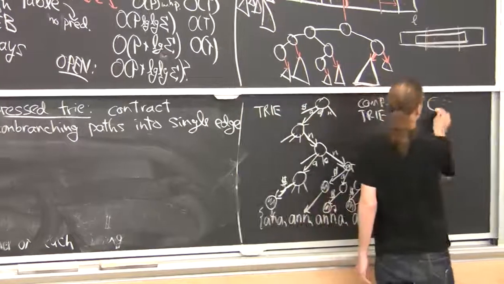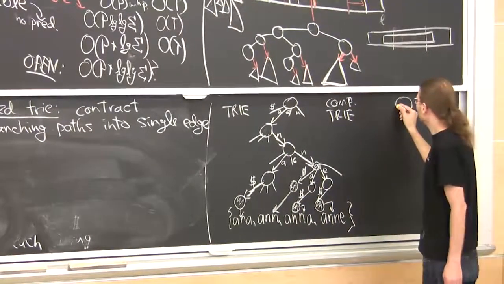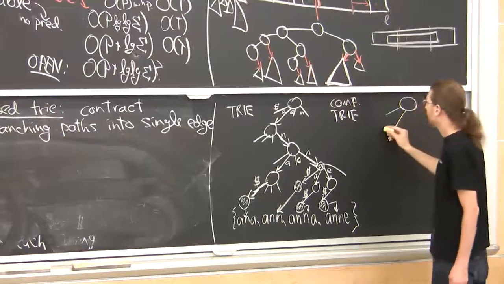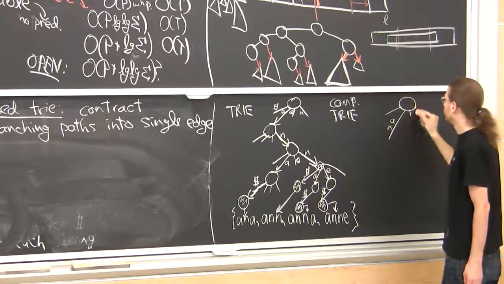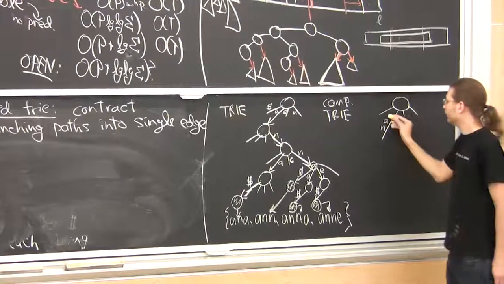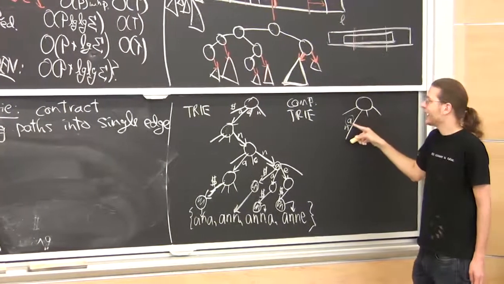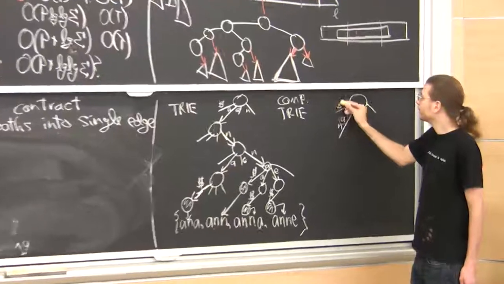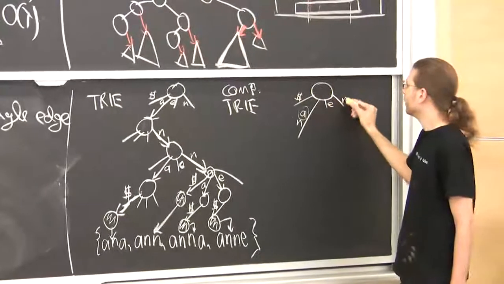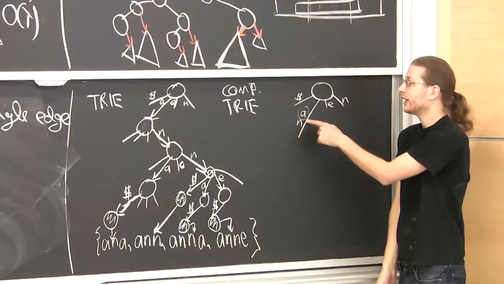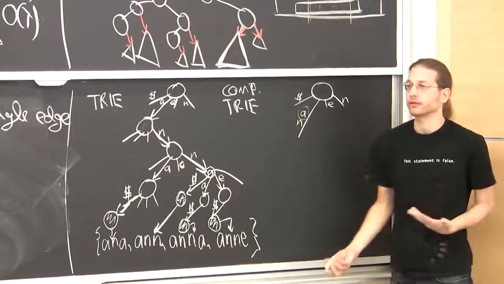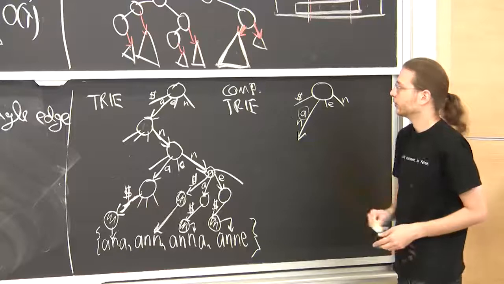So from the root, we're going to have an edge that says AN. And in some sense, the key of this child is A. If you're starting up here and you want to know which way to go, you should only go this way if your first letter is A. After that, your next letter better be N, otherwise you fell off the tree. So that's the compression we're doing.